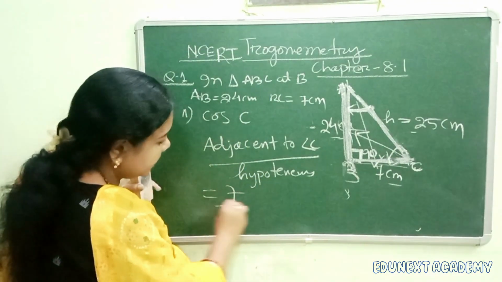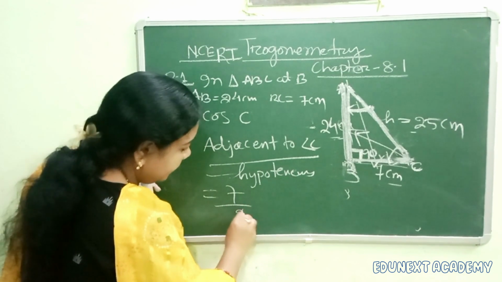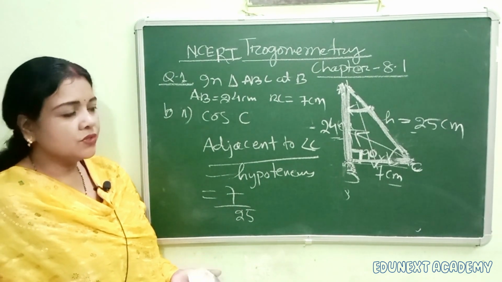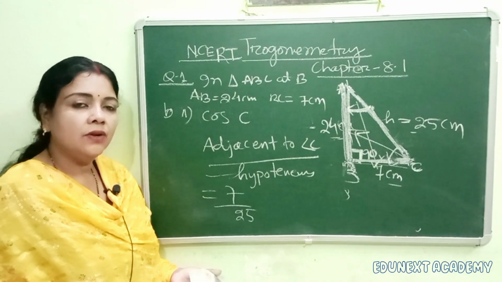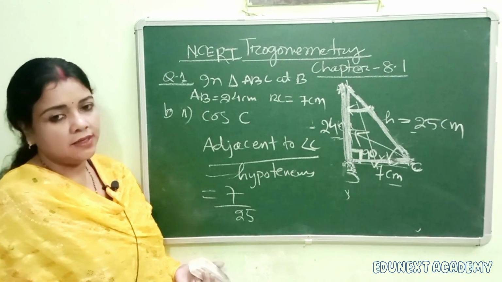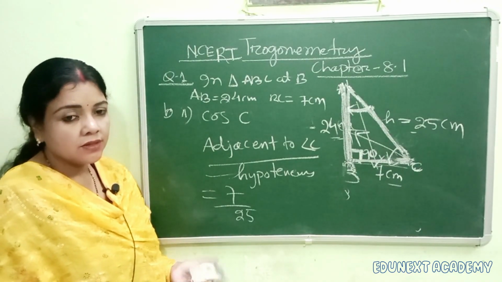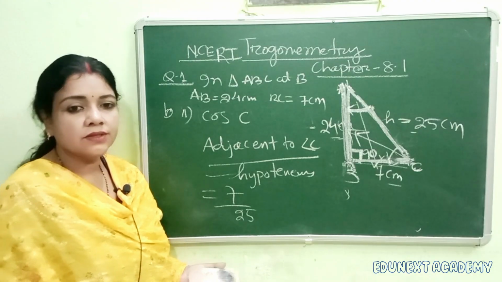That means 7 by the hypotenuse, which is 25. Now in this way you can calculate. You have to consider that angle and what is the opposite side to that angle. And in both cases the hypotenuse will be there in sin and cos. Now let us discuss question number 2.